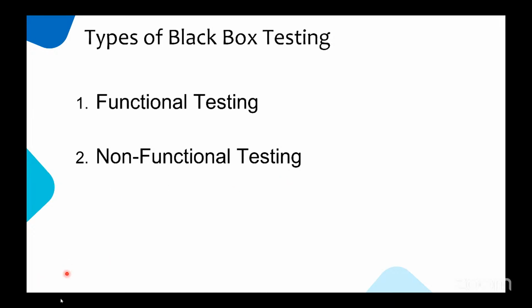And when we talk about functional and non-functional, each itself is a very big area. In QA itself, there are so many testing teams available. In functional testing, we have multiple testing teams, and also non-functional testing like performance, security testing teams. A lot of testing teams are there.